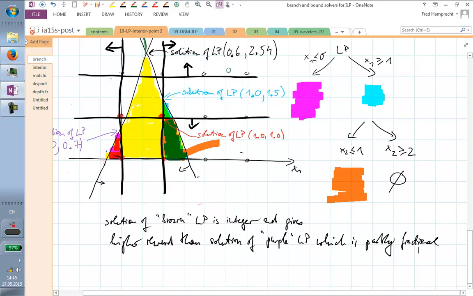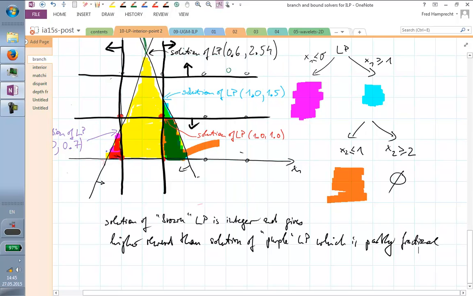They cannot increase the reward. They can only make the feasible region smaller, so they can only make the solution less attractive. So if I have a solution which already is integer and which is better than the best solution I can possibly hope for in this other branch, then I can terminate my search and I am done.